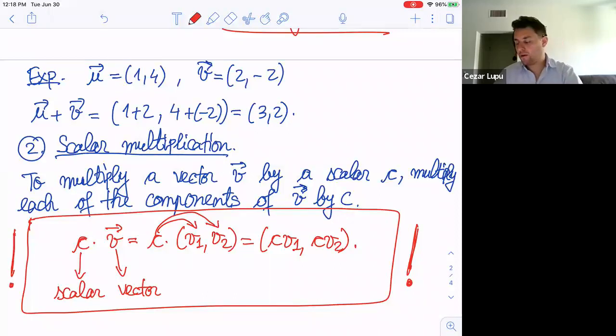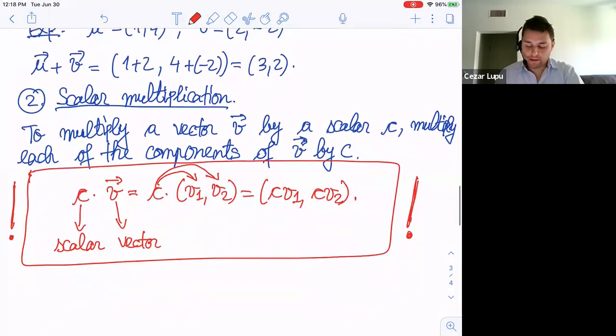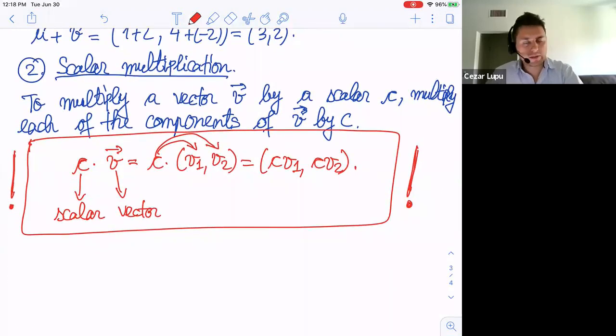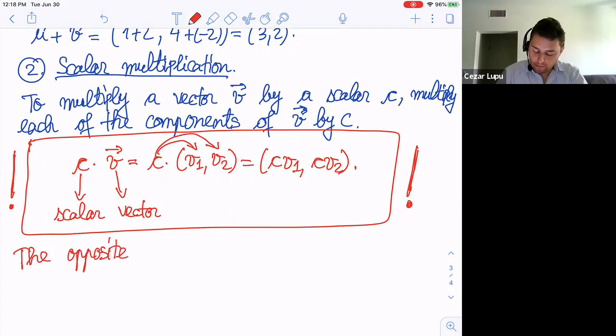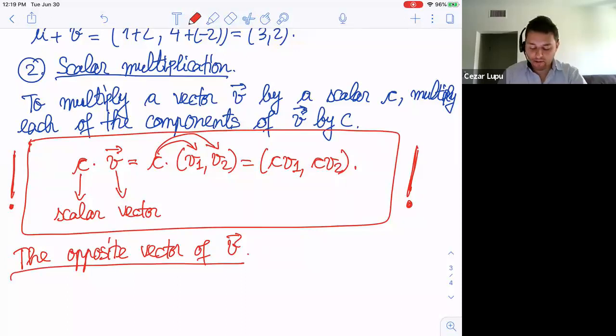It's another operation. And for example, the scalar multiplication will allow you to define the opposite of vector v. So if we have the opposite vector of v, this is nothing else than just negative v. We're going to write it like this.